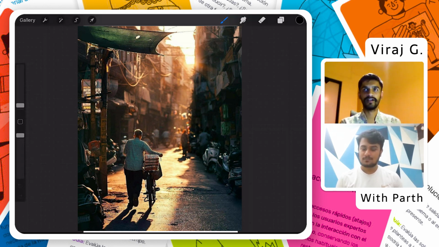You're standing on the west side in a lane which is east-west, you can say. On both sides of the street there are buildings and the chaos of wires and hoardings and whatnot.